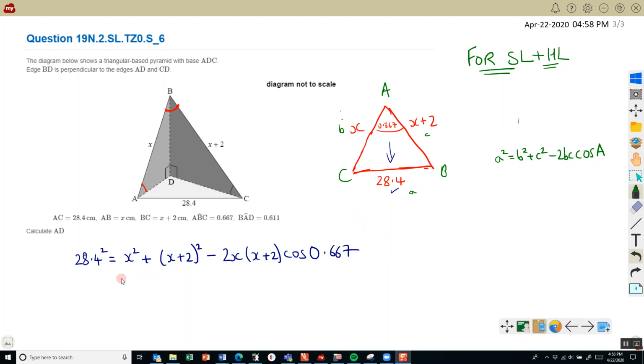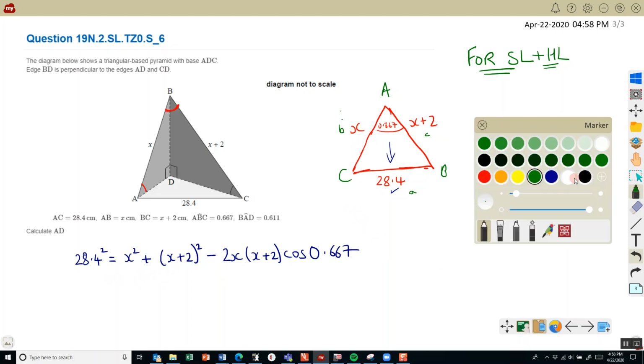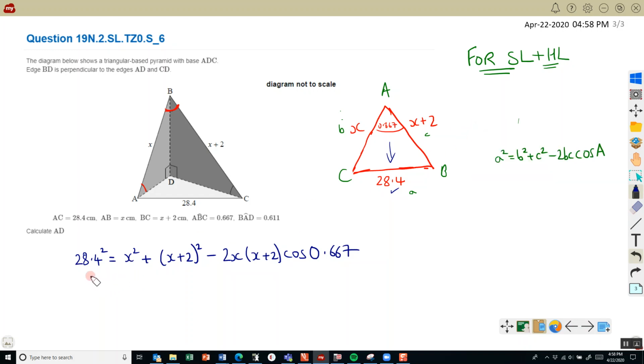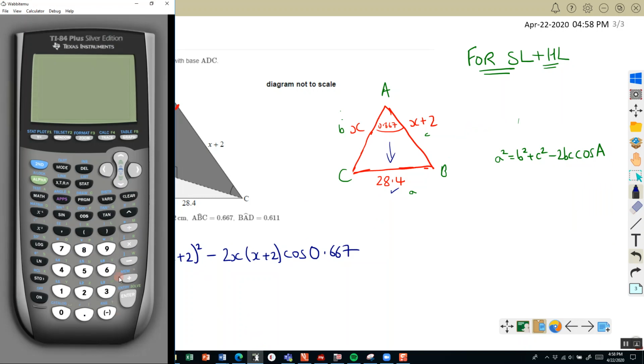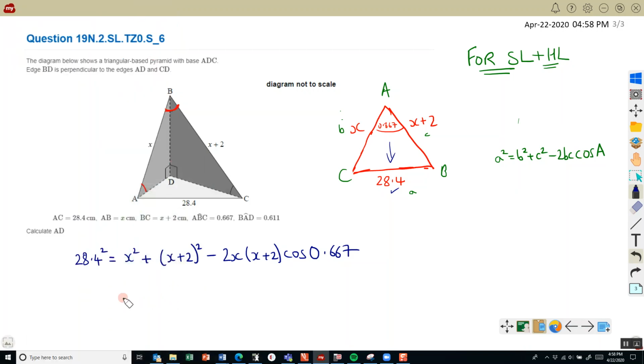Your next step is to expand all this nasty looking stuff. 28.4 squared is 806.56. Now this is going to test your algebra skills. I've got x squared there.